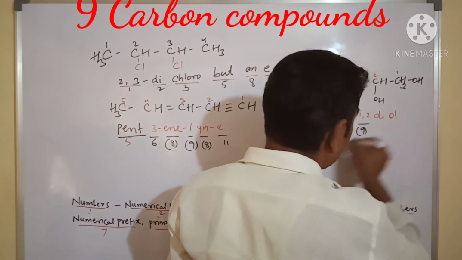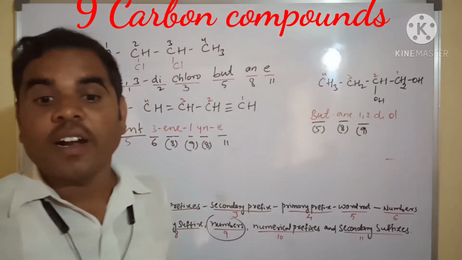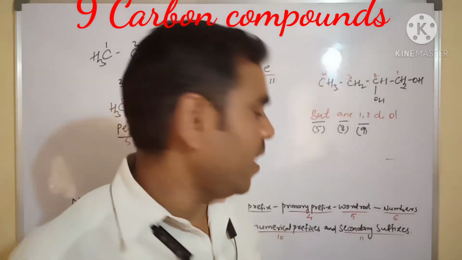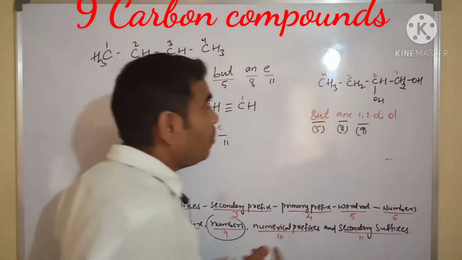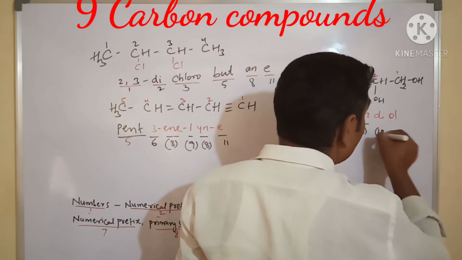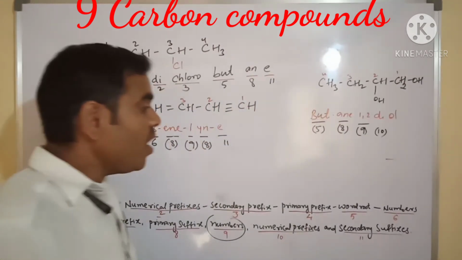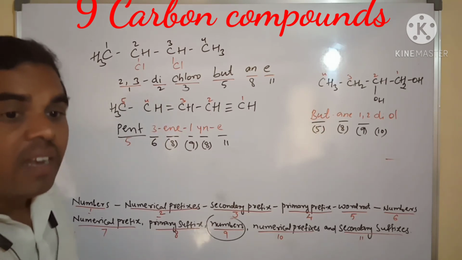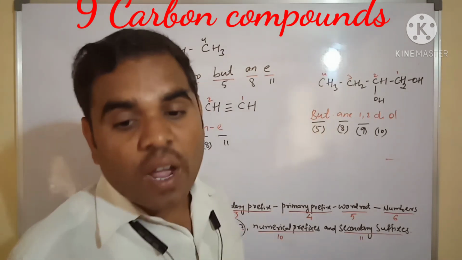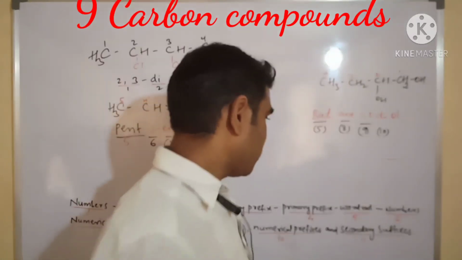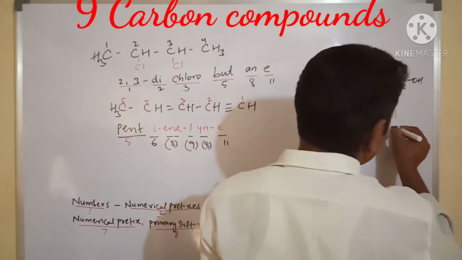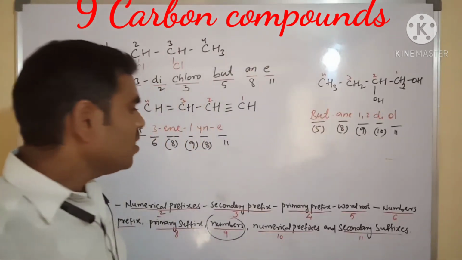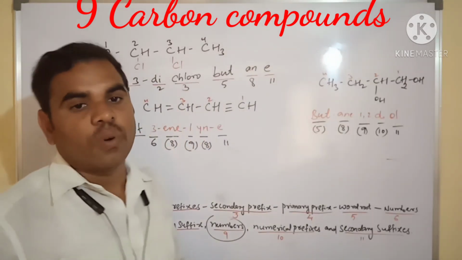See, die means, we have to see the 10 number here. 10 numerical prefix. And OL is there. Number again is 11. Secondary suffix 11.